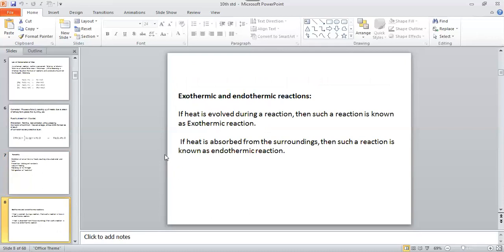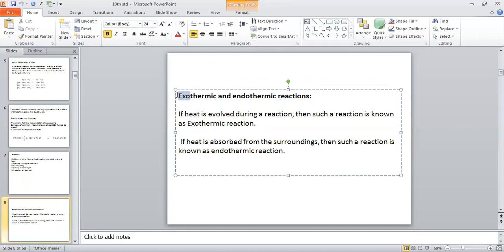Next point is to study exothermic and endothermic reactions. We have already studied exothermic reactions, but again I will explain. The meaning of exo is given out, and the meaning of endo is taken in. Exo means evolved and endo means absorbed. The meaning of thermic is heat.